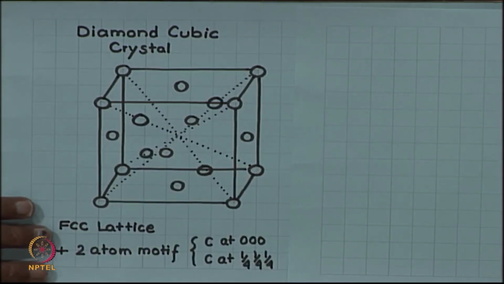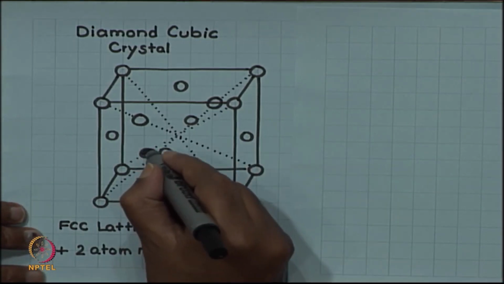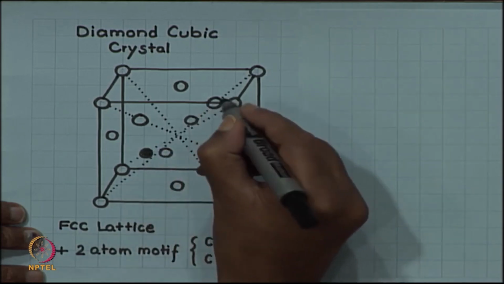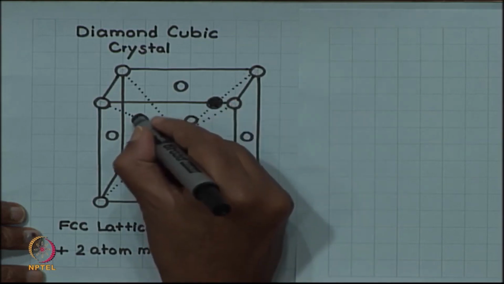Although all of these 4 inside atoms are carbon, let me shade the body diagonal ones just to emphasize that they are located on the body diagonal.